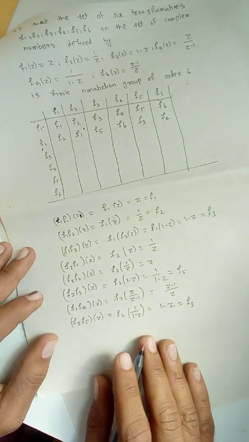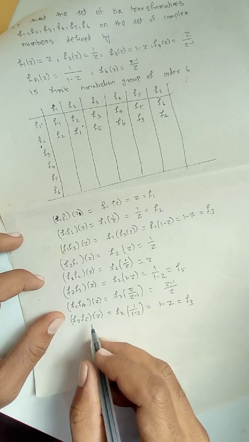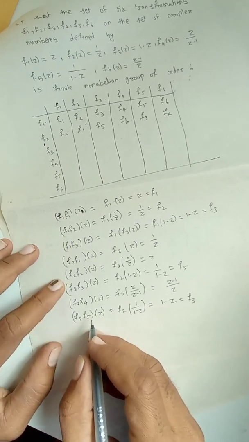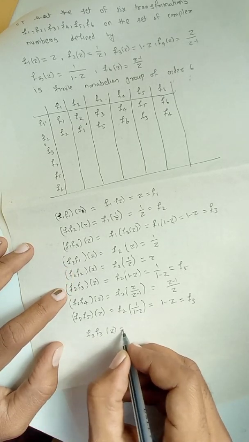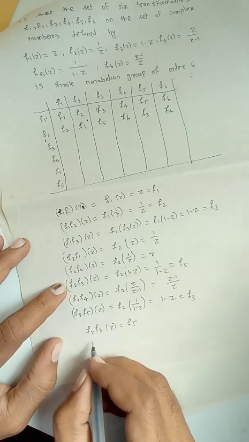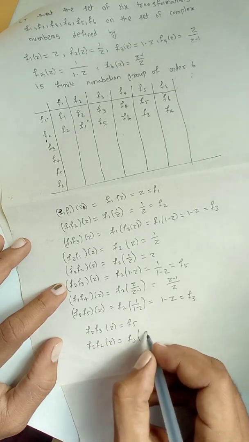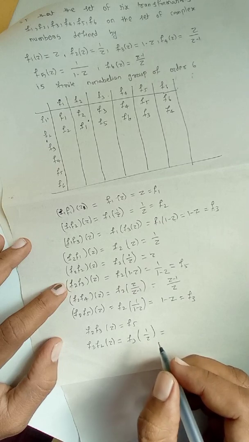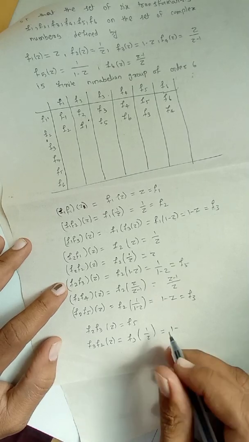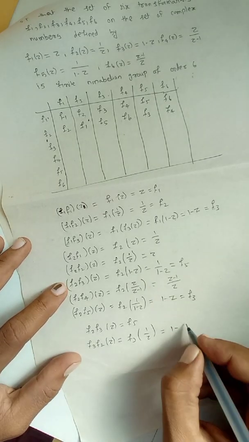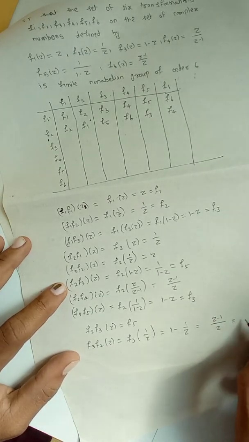Now we have to show that it is a non-abelian group. Now here note that f3 f2 of z is equal to f3 of f2 of z, which is f3 of 1 by z, that is 1 minus 1 by z, which is equal to z minus 1 by z, and z minus 1 by z is f6.